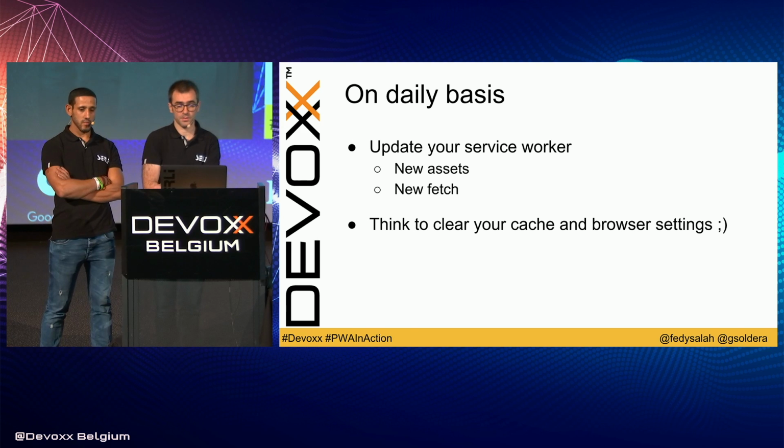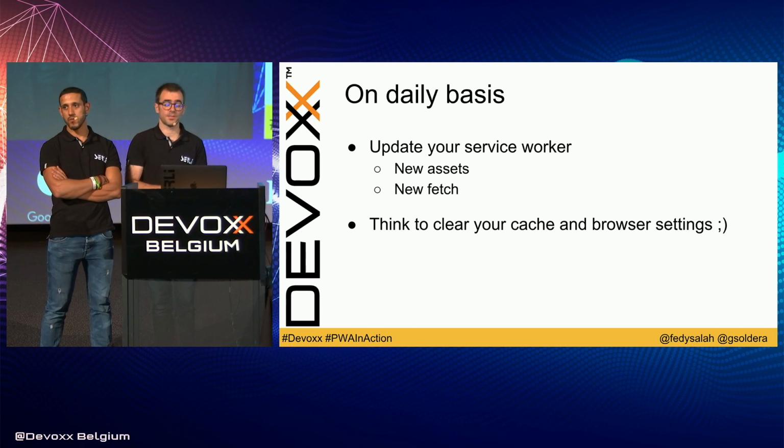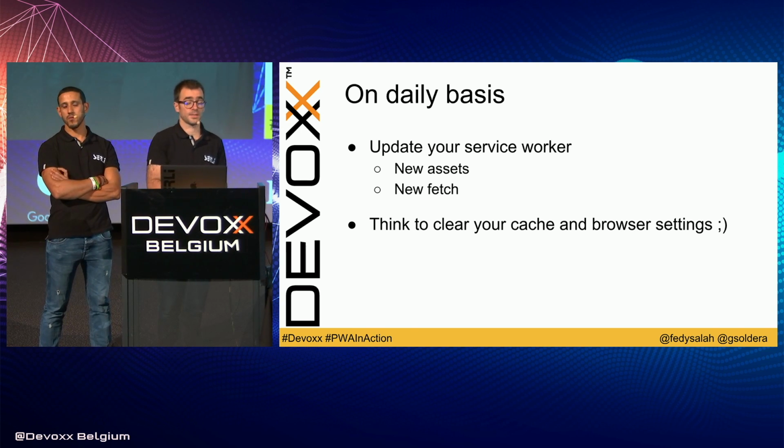Think to update your service worker when you add new assets, or when you have updated an asset, or when you have changed your fetch rules, and think to clear your cache and browser settings. It avoids a lot of trouble.